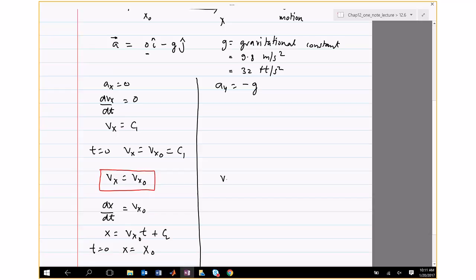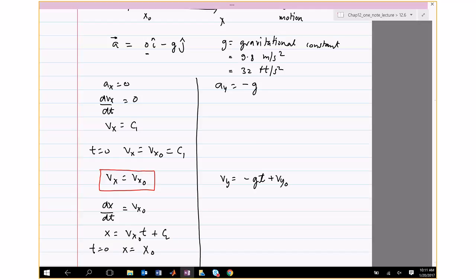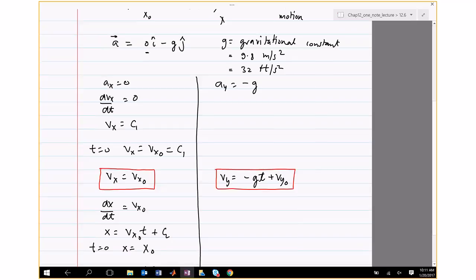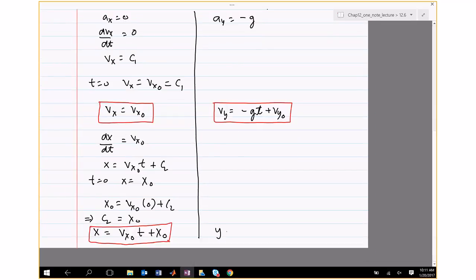You should get vy equals minus gt plus vy0, and y equals minus g t squared divided by 2 plus vy0 t plus y0.